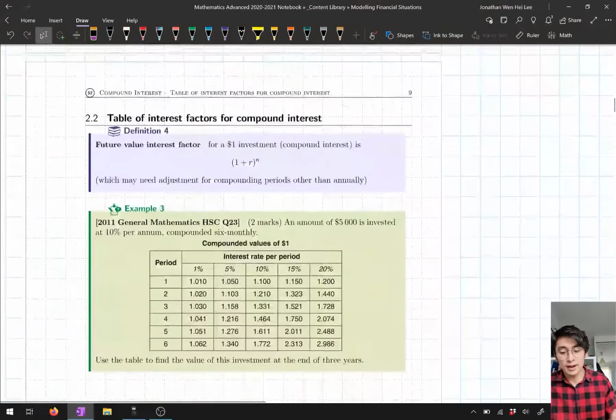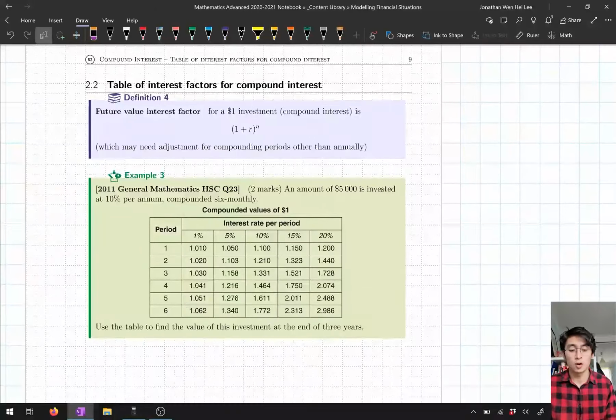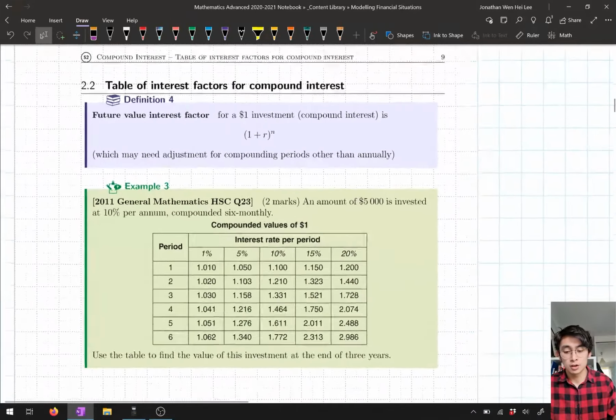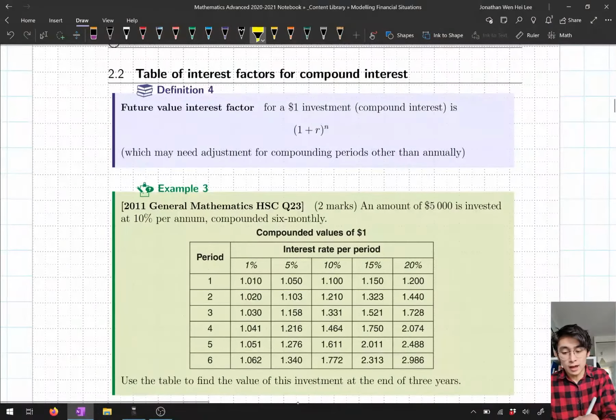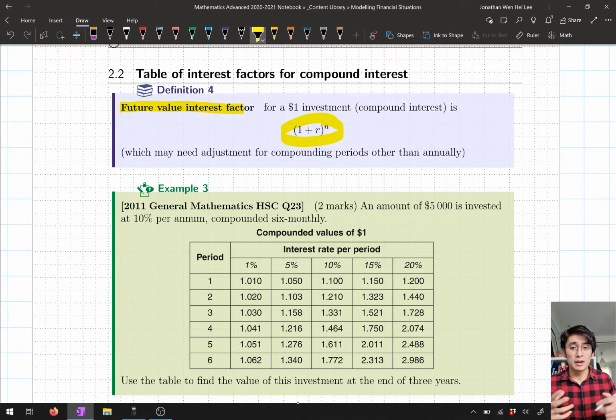So here, this is where tables of interest factors for compound interest occur. If you remember, the future value interest factor is just this guy over here, 1 plus r to the power n. This just tells us what number we are multiplying our present value by in order to get that future value.